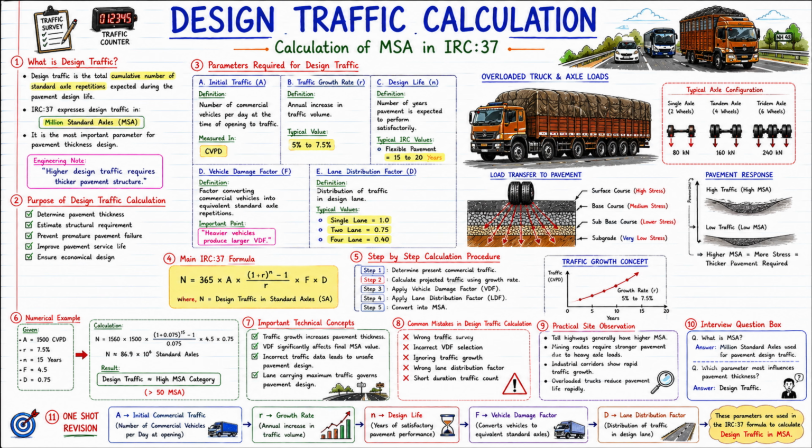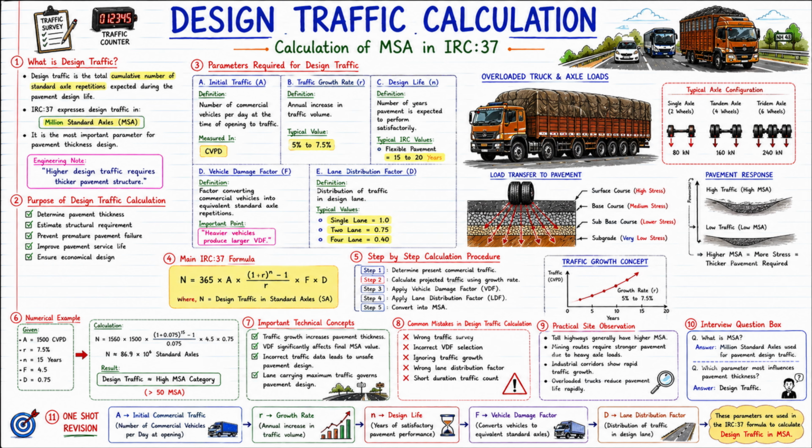Design traffic means how many times the standard axle load will be applied to the pavement during its entire pavement life. Now what is the important thing here? IRC 37 design expresses traffic in million standard axles, i.e. MSA. Now this is the most important parameter of pavement thickness design.